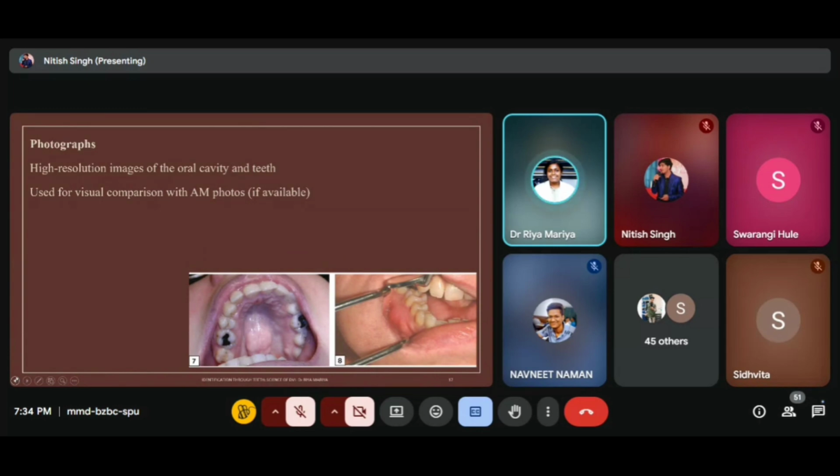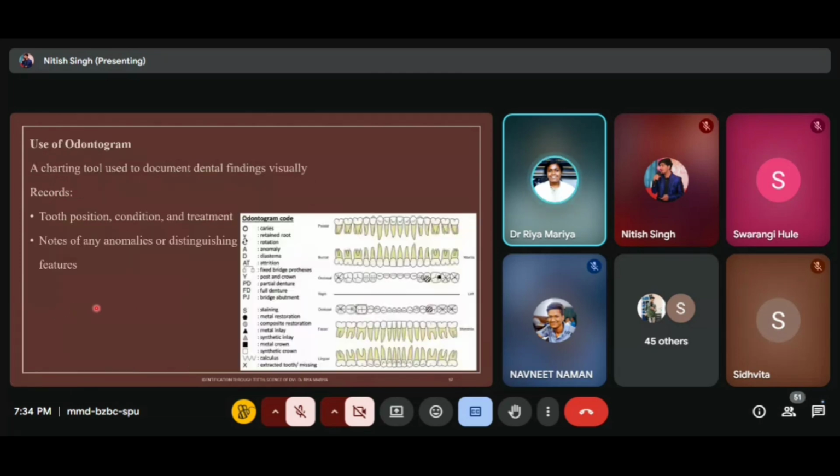Photographs: high resolution images must be taken, and they are used for visual comparison. Then odontogram is a charting tool that is used to document dental findings visually. We can see that all the features have odontogram codes, like caries.